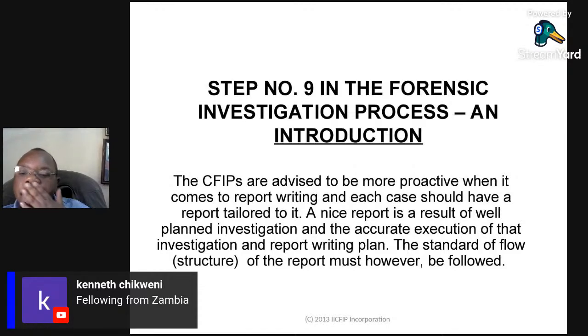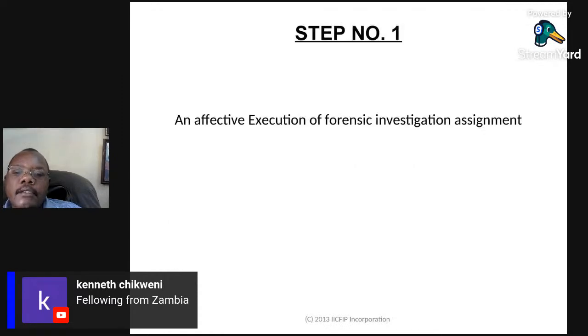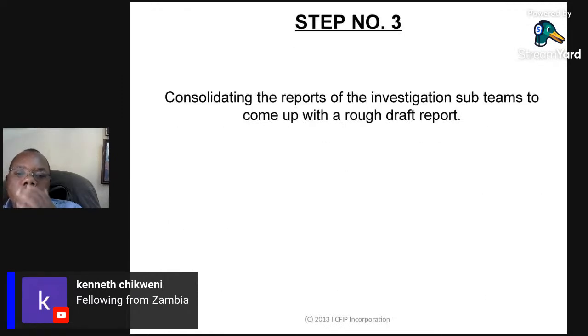Number five, when you come to step number five of the report writing, you have to now compare the rough draft report to the terms of reference under the investigation plan to see whether everything that needed to be done was done.